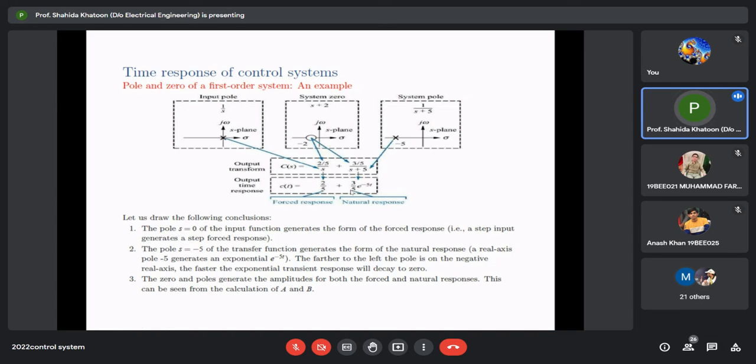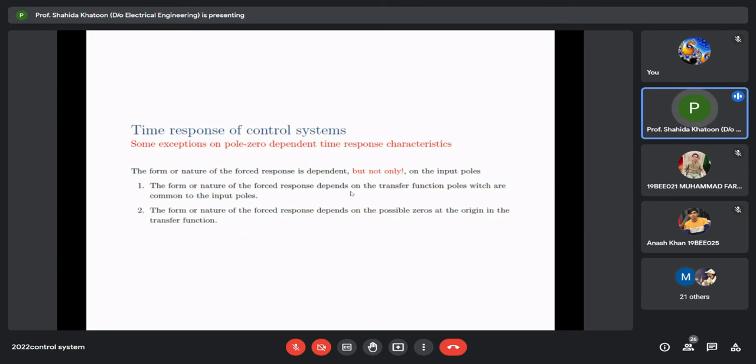So this can be seen from the calculations of A and B. Some exceptions on poles and zeros dependent time response characteristics: the form or nature of the forced response depends not only on the input poles. It depends on the transfer function poles, which are common to the input poles, and on the possible zeros at the origin in the transfer function.